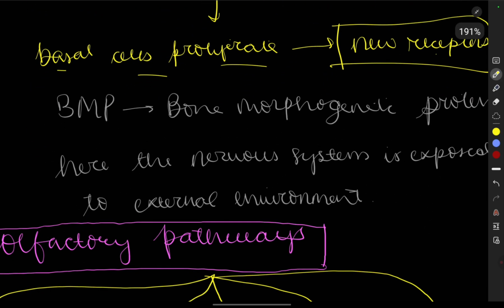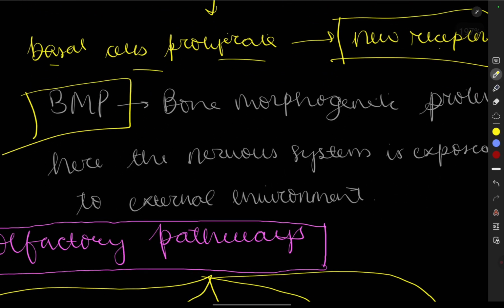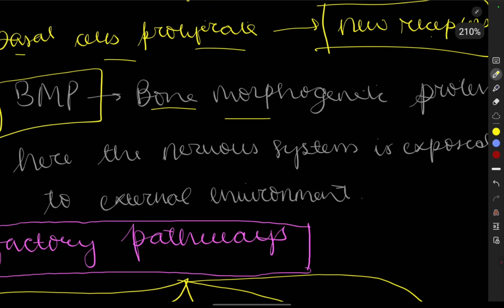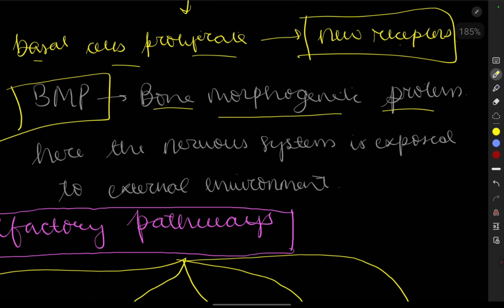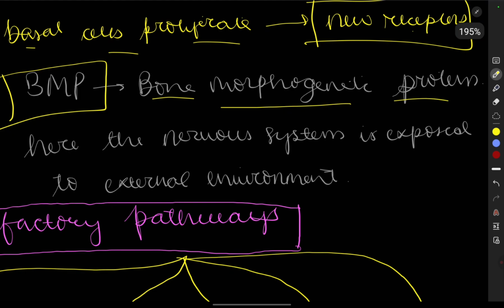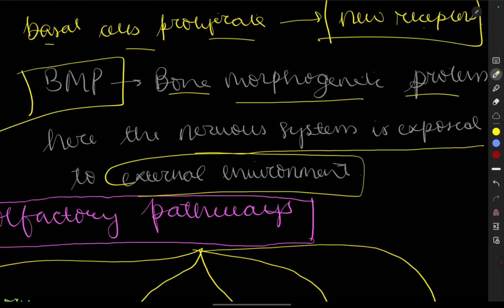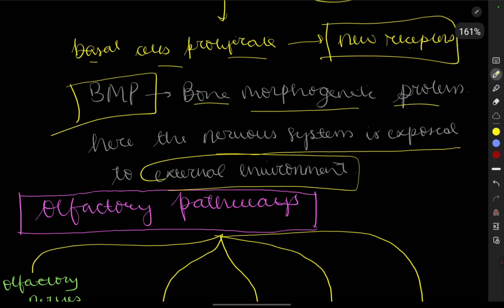Now, what is BMP? That is bone morphogenetic protein. What does the bone morphogenetic protein do? Here the nervous system is exposed to the external environment.